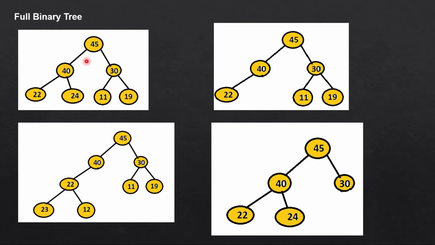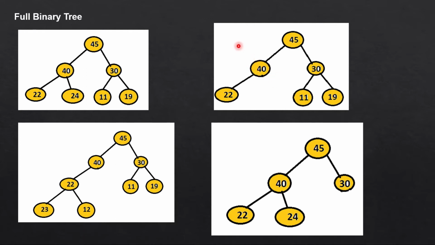So look at this example that we already proved, right? This is a full binary tree. Okay, now this one. If you see here, this node has two children, but this node has only one child. The right is missing. And this is not a leaf node either, right?